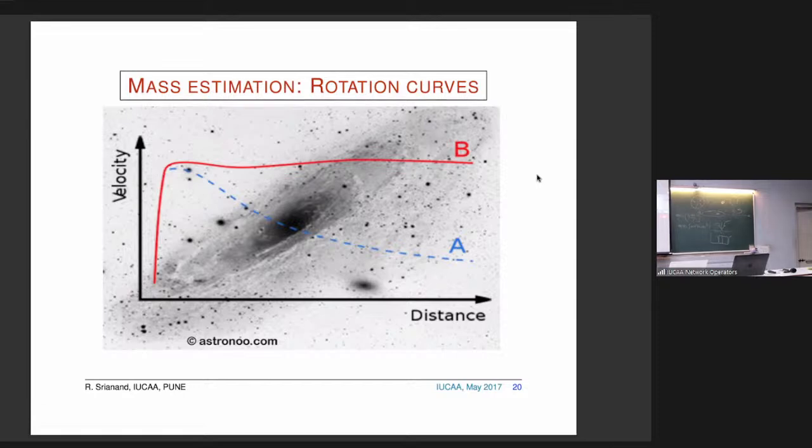What is interesting for us here is that this 1 over R square fall is not seen in the galaxy. If you ask where the galaxies are, typically galaxy means the optical light that you see. If you take a galaxy, you will find these light emitting regions.